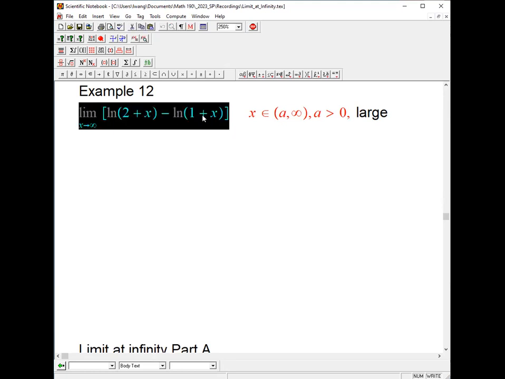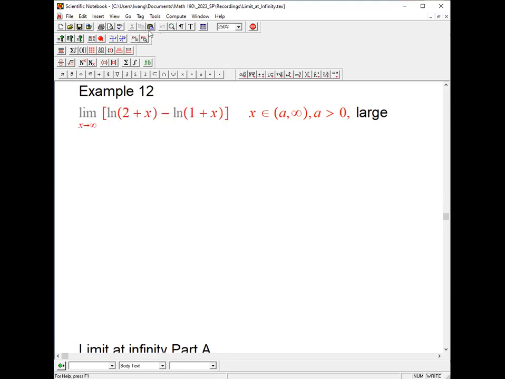But in this case, if you look at the algebra part, we're going to handle the algebra part, and that's going to be ln of 2 plus x divided by 1 plus x.